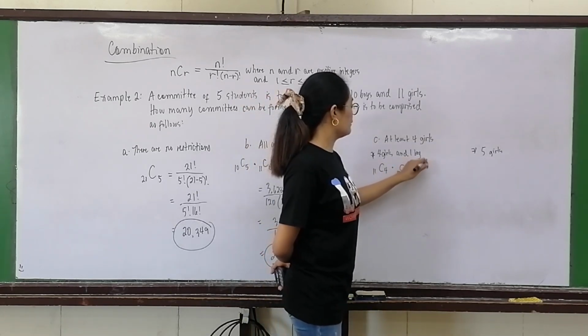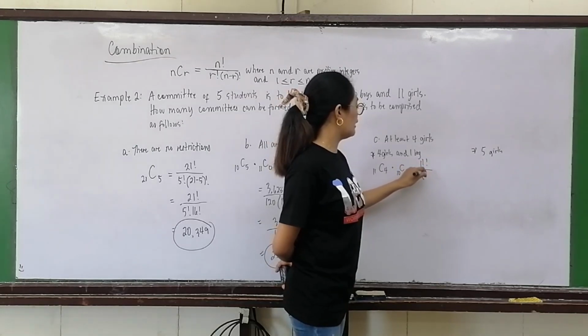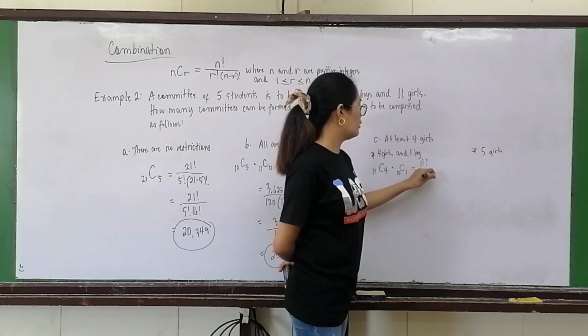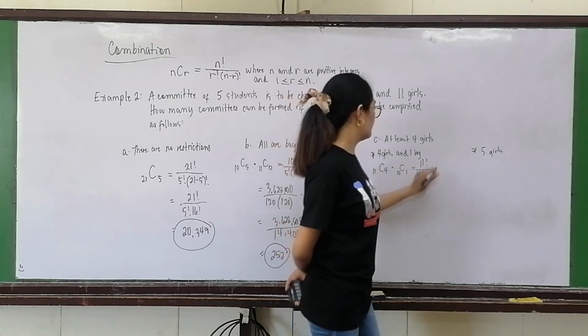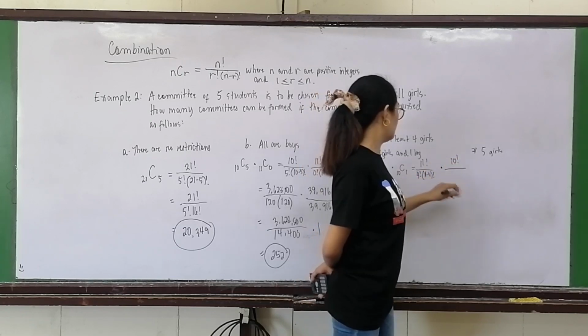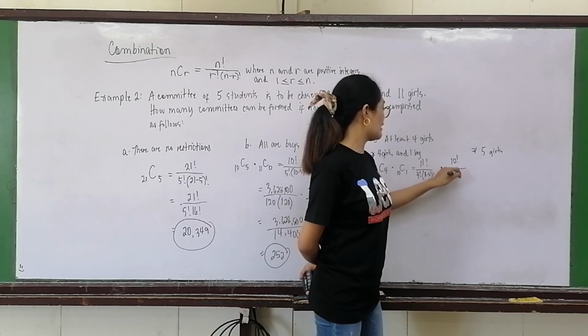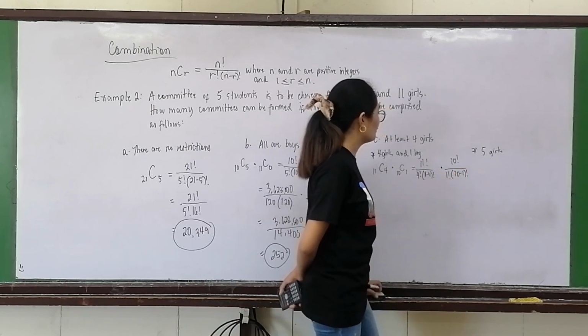This is 11 factorial over 4 factorial times 11 minus 4 factorial, times 10 factorial over 1 factorial times 10 minus 1 factorial.